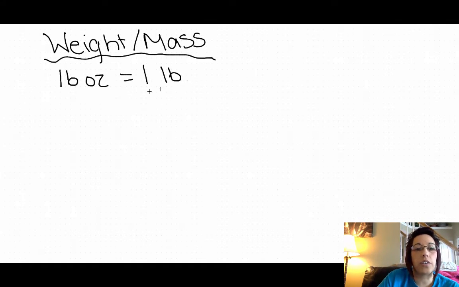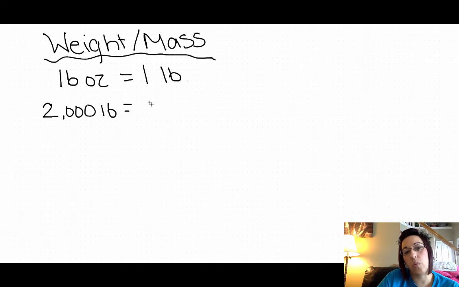You also need to know that there are 2,000 pounds in 1 ton. So go ahead and get these conversions written down in your notebook and come back and we will talk about capacity.